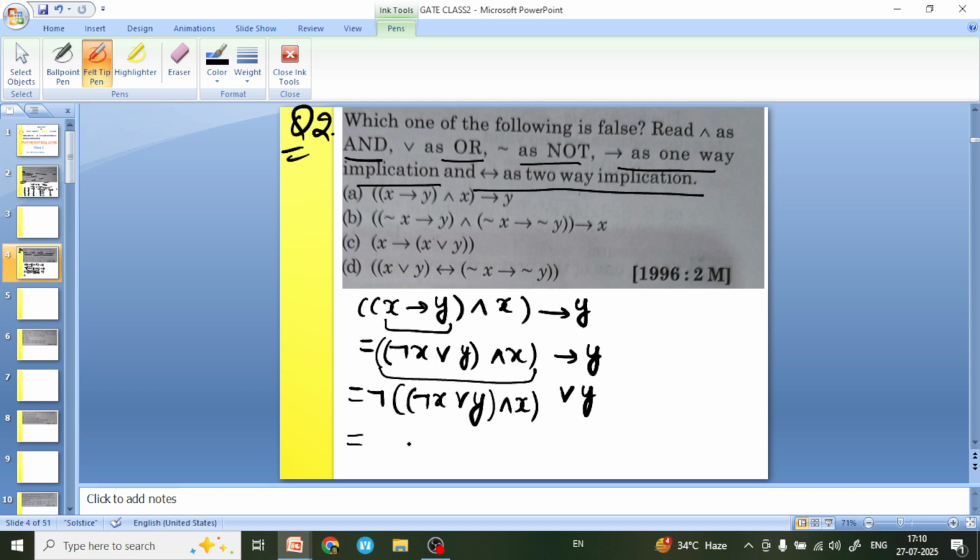Now open it. When we write like this, not x and x in one bracket, or this or symbol written here. Then y means x multiplied by this, and then x multiplied by y: y and x, or y.